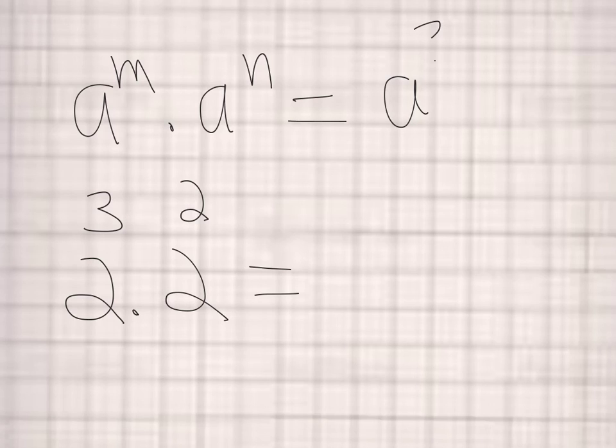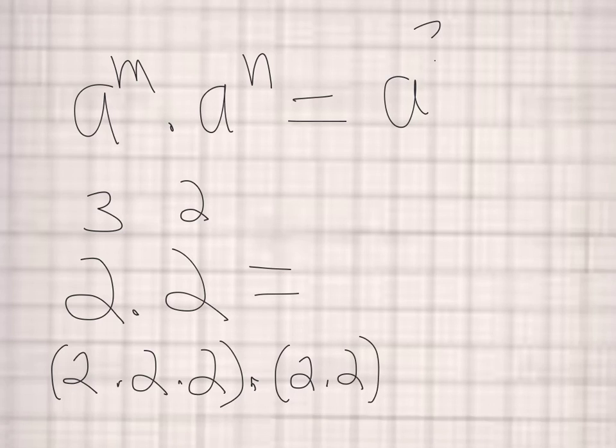So 2 to the power 3 times 2 to the power 2, and I'm going to see what that gives me. You remember earlier I told you that exponent simplifies multiplication. So 2 to the power 3, I can expand it because it simply means 2 times 2 times 2, times 2 to the power 2, which is 2 times 2.